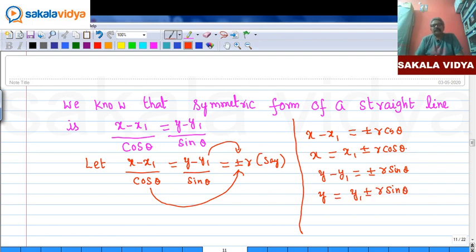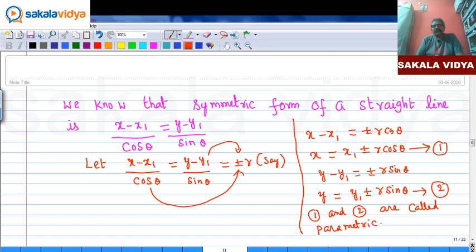So, that means x equals x1 plus or minus r cos theta and y equals y1 plus or minus r sin theta are called the parametric equations of a line.